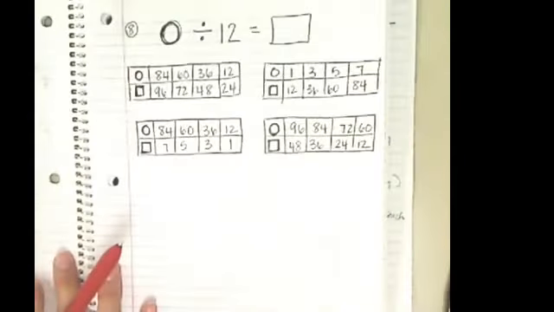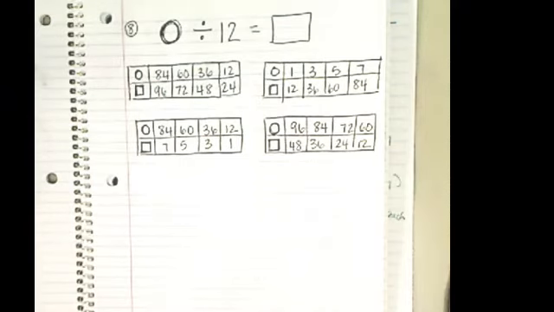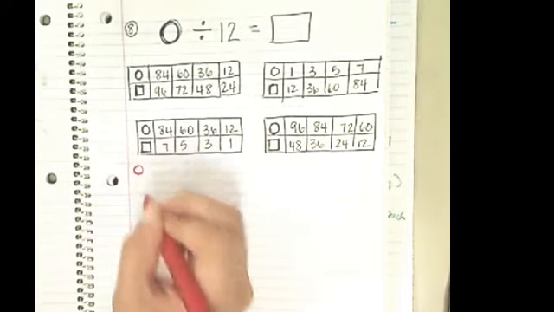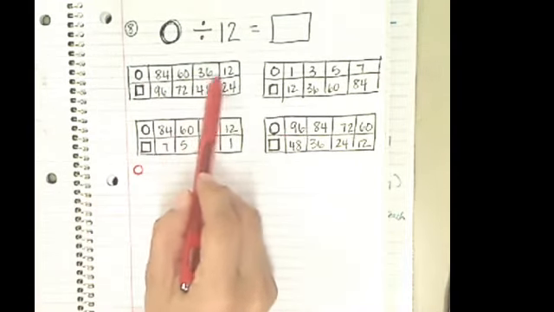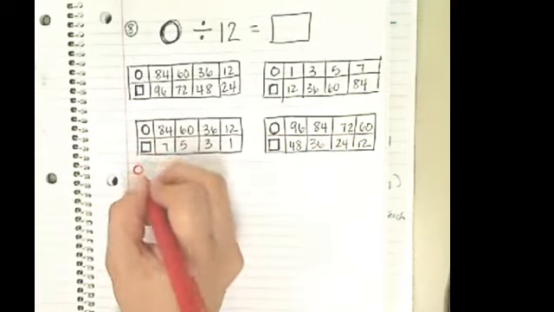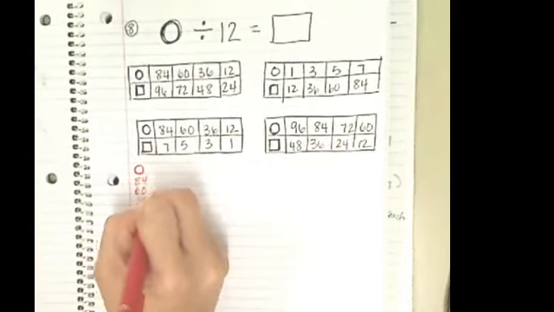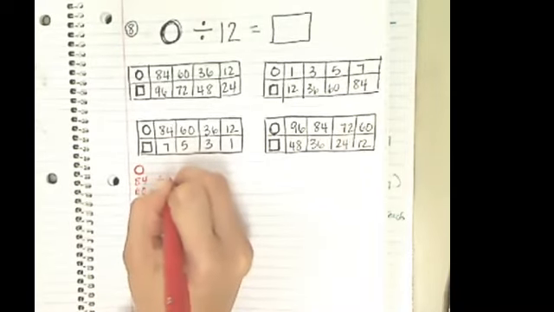Okay, so number 8, you have a value of circle divided by 12, and you get the value of the box. Okay, so we're going to take all of the values of circle, 84, 60, 36, and 12. And I'm going to divide all of those by 12.